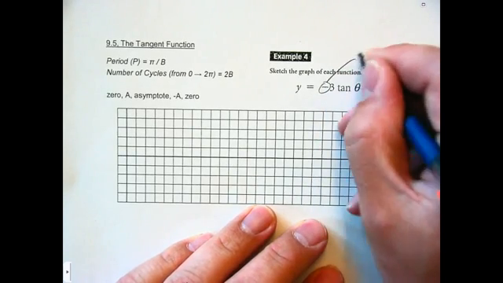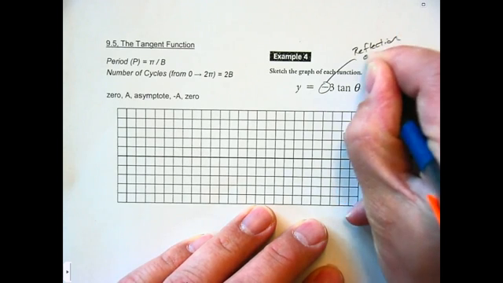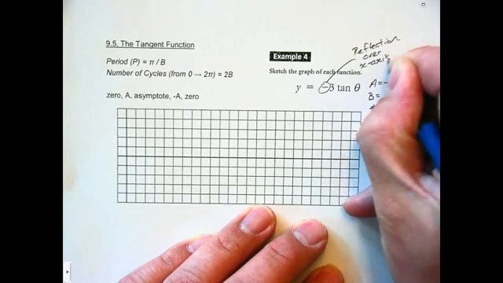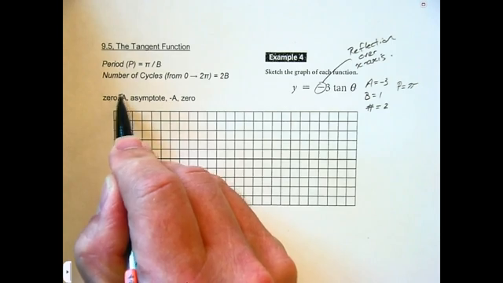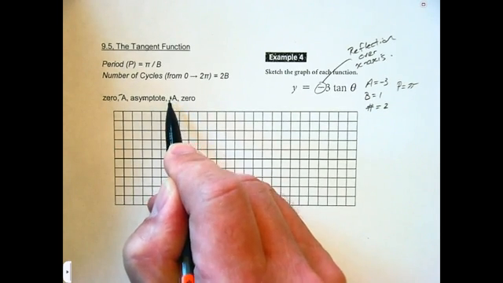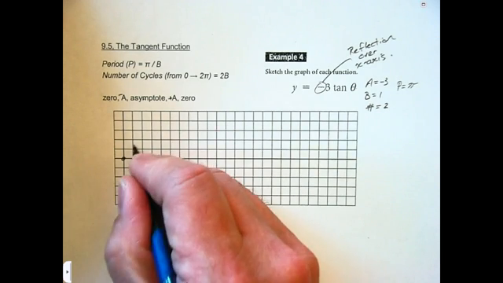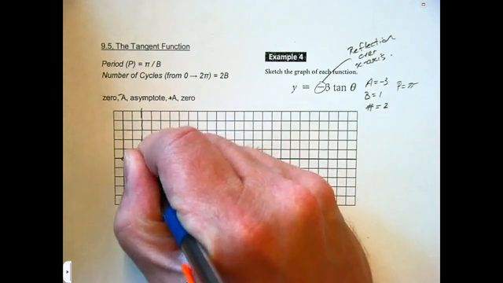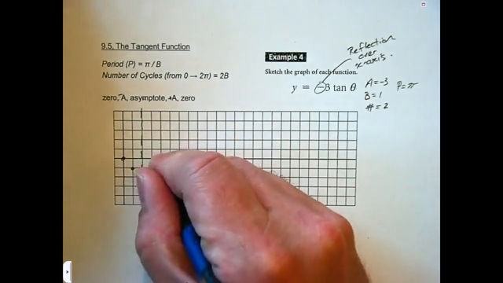So remember that's a reflection over the x-axis. All that means as we're graphing these is that this would actually be 0, negative a, asymptote, positive a. What was up here will now be down here. The asymptote, when you flip it, doesn't do anything. And neither do your zeros.